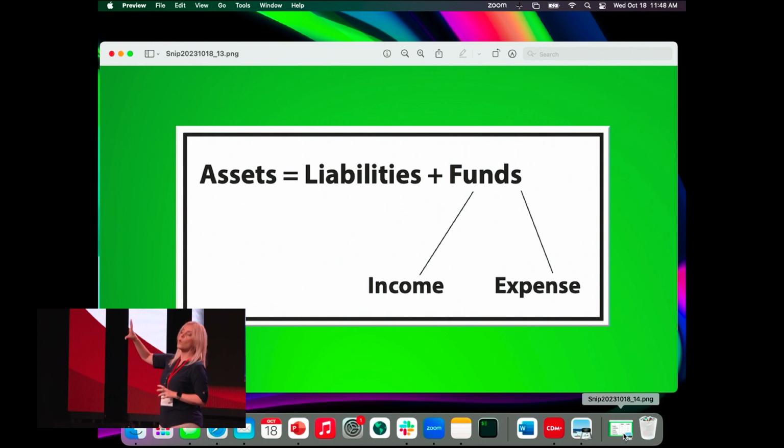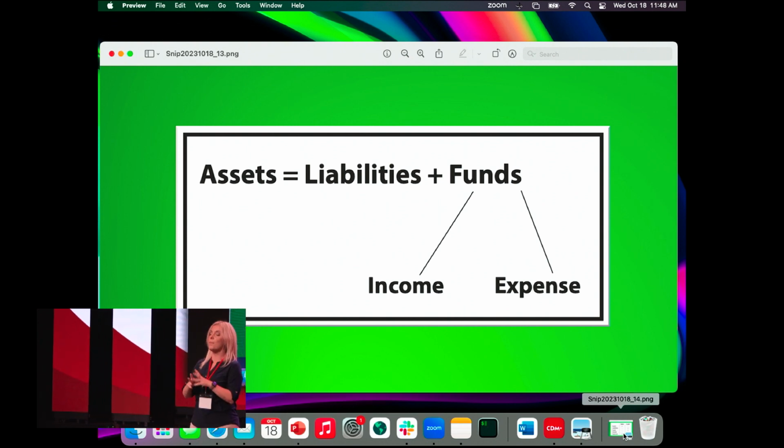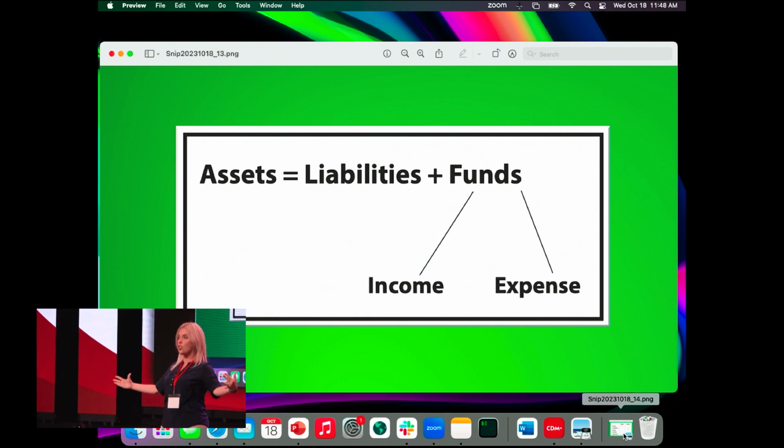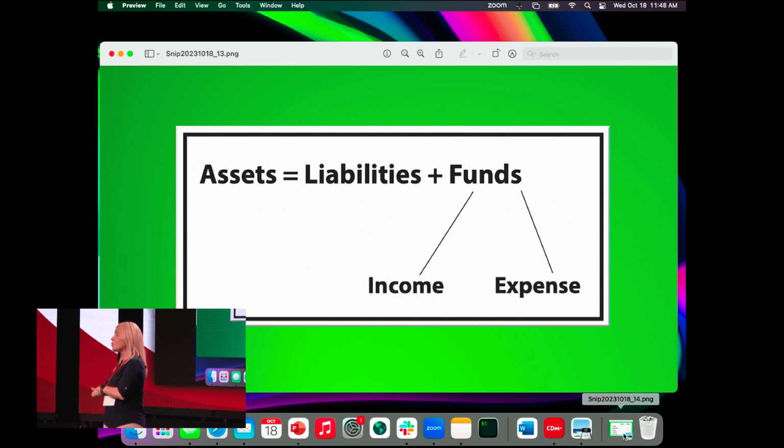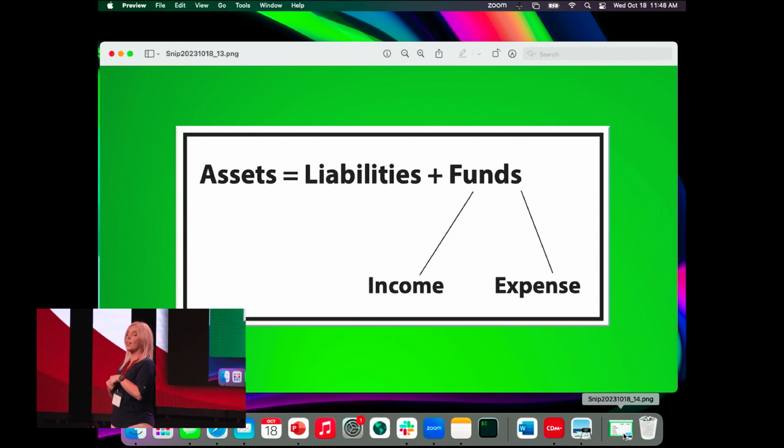We will go more in depth with this in a little bit, but I want to give us a general overview before we break for lunch. If it doesn't equal, your balance sheet at the bottom is going to tell you that you have a difference, because your funds and your liabilities are not equaling your total assets.